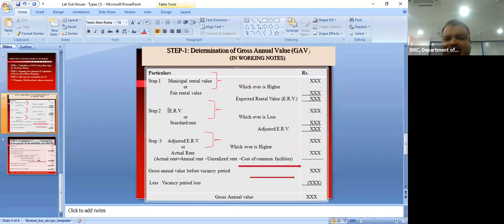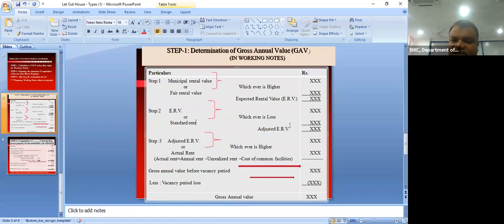Whatever you got in step one, you take here as ERV, and standard rent might be given in the problem if that area is coming under the Rent Control Act, where the rent controller is going to fix the rent. If that is there, then you have to compare these two, and among these, whichever is less, your ERV or standard rental value, that should be taken, and that will be called the adjusted ERV.